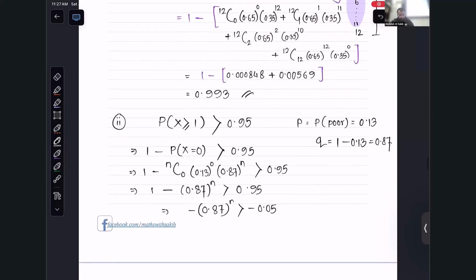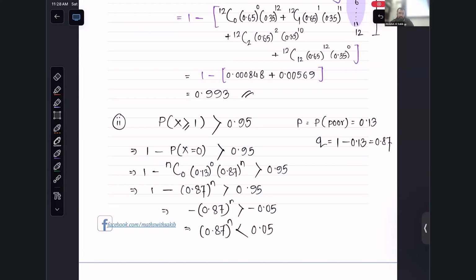Now we know in an inequality, if you cancel the negative sign, the inequality sign will be flipped. So that is 0.05 is greater than 0.87 to the power n. Now do the trial method. For which value of n will 0.87 to the power n be less than 0.05?